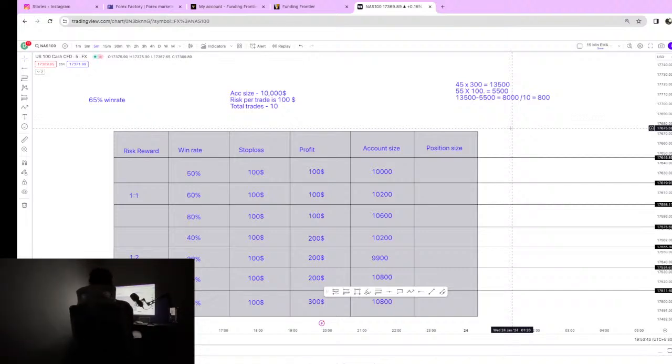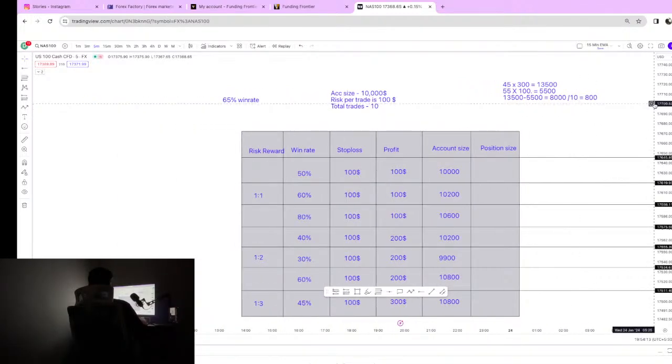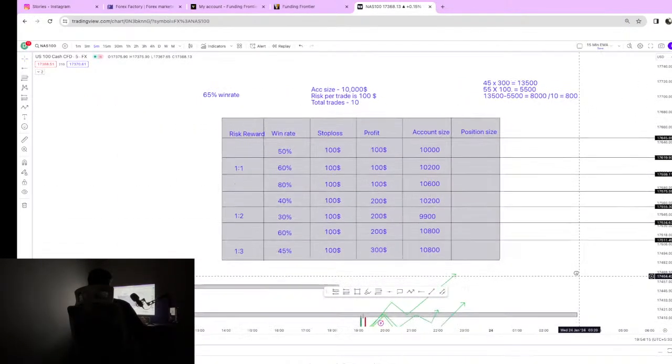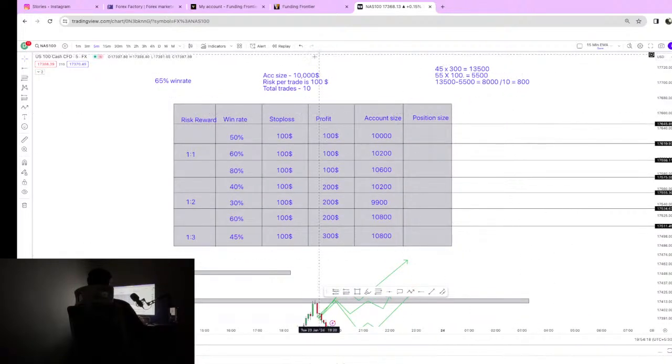Still wrong. You're doing something wrong. Those who have doubts can click the screenshot of this whole thing.